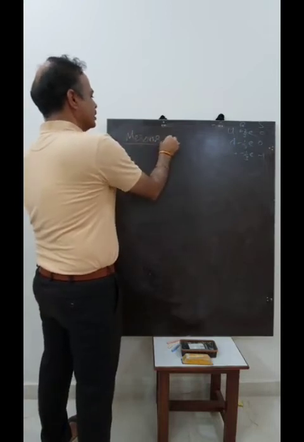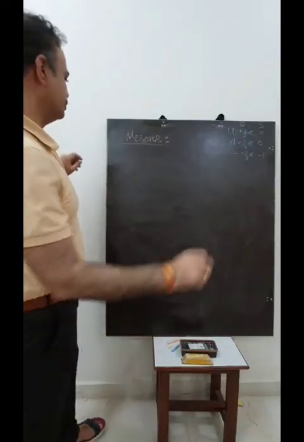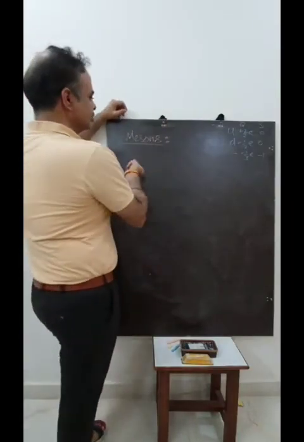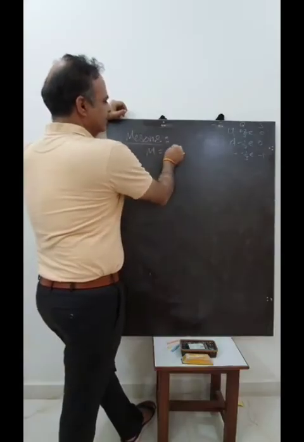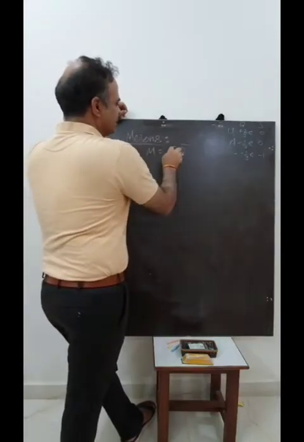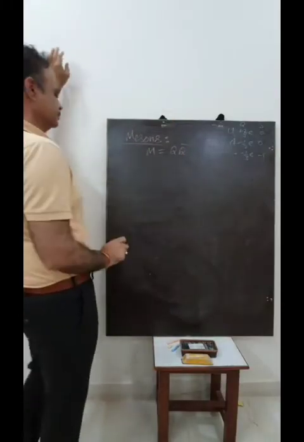Mesons. How are mesons made up? If you want to plot mesons, they are Q and Q bar, quark and antiquark, a combination of two.